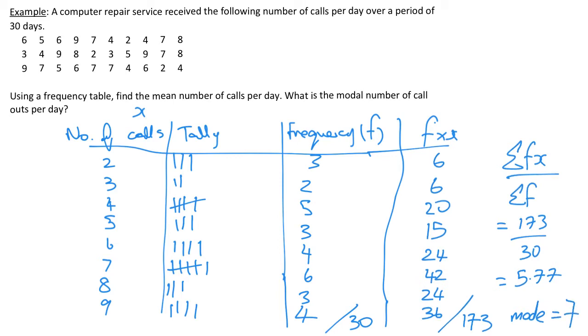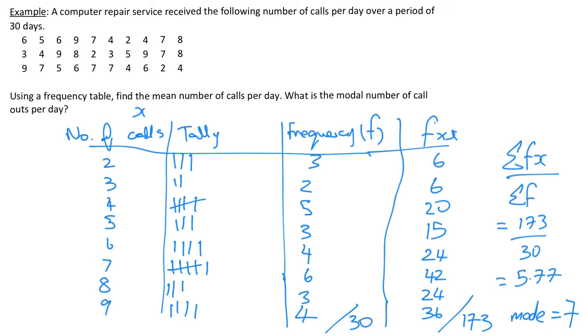Now just to quickly explain the rationale with this fx, if we were to put all the values in order, it would have been 2, 2, 2, 3, 3, 4, 4, 4, 4, 4, 5, 5, 5, 6, 6, 6, 6, 7, 7, 7, 7, 7, 7, 8, 8, 8, 9, 9, 9, 9. So rather than adding all those up, if we group them, the 2, 2, and 2 would add together to give 6.